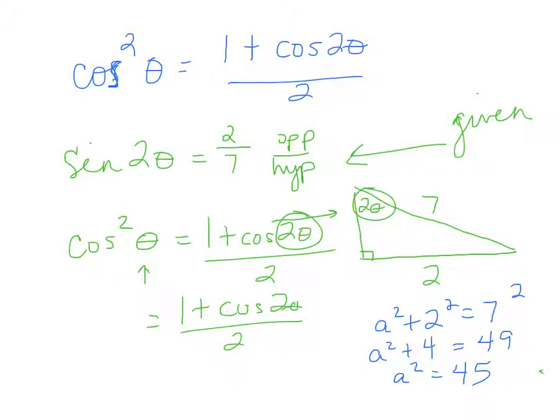So you're working your way through the Pythagorean theorem, and you get square root of 45 for your missing side. It's not pretty. The more you involve yourself with trig and calculus, the more you end up with not pretty numbers.